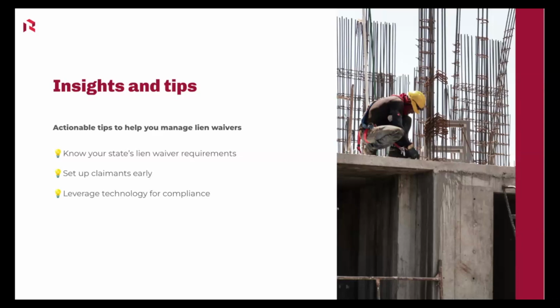And then finally, of course, leveraging technology for compliance. We showed you a great tool using Flex. You can track those invoice approvals. You can make sure that all your required lien documentation is issued automatically as part of that workflow. You may already be using our approval workflow and just not using that small piece with the lien waivers, or maybe you're not using it at all.